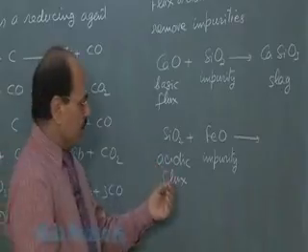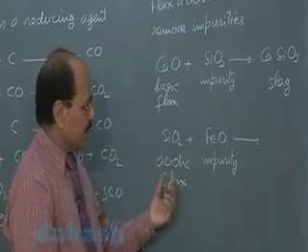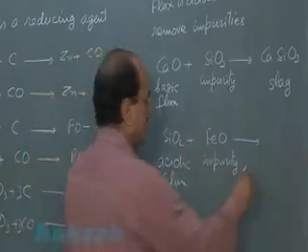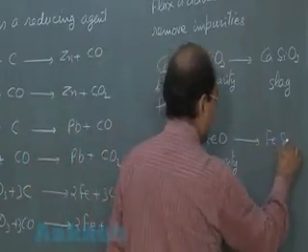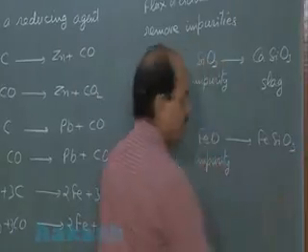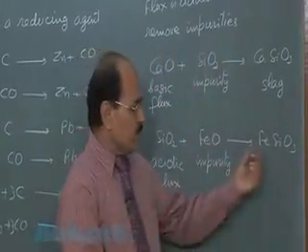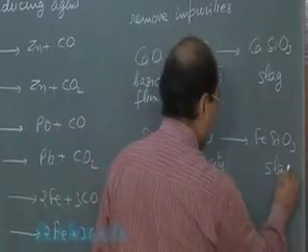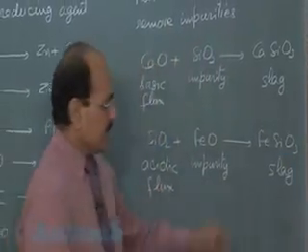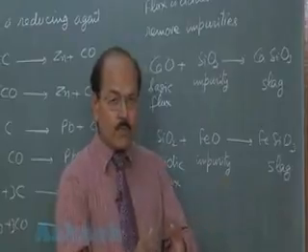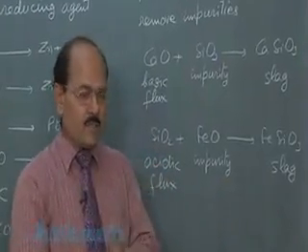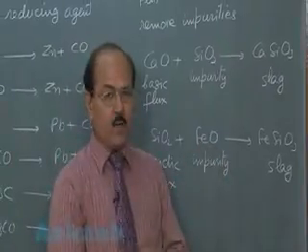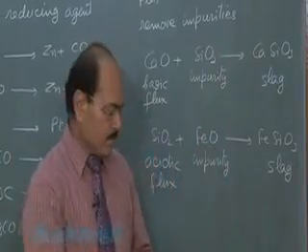Silica is functioning as acidic flux which has been added to remove the basic impurities in the form of ferrous oxide. Ferrous silicate, an easily fusible mass called slag, is formed. The slag is in the molten form, it is lighter, it floats on the surface of molten metal that further prevents the oxidation of metal.